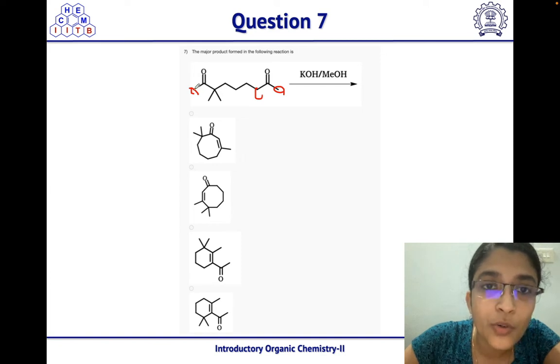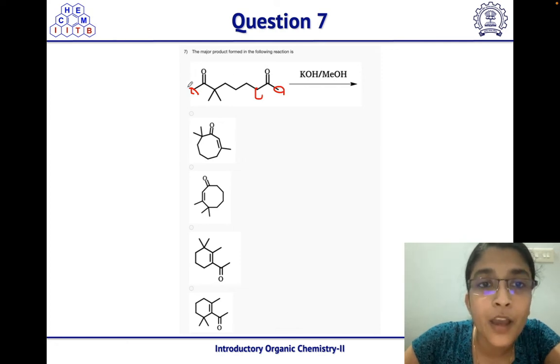So three possibilities are there for formation of enolate. KOH can abstract a proton from this to generate an enolate here, or from here to generate an enolate here, or from here to generate an enolate here.